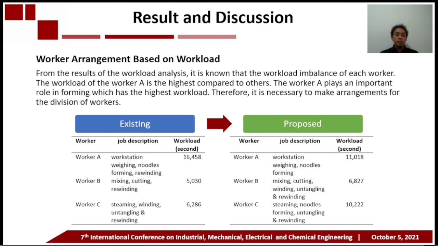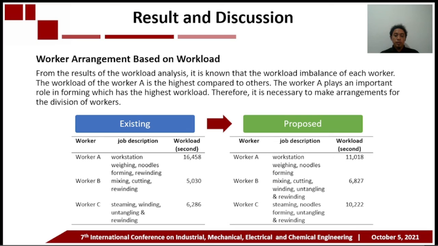From the calculation, we propose that worker A decrease her workload to 11,000 seconds, with a job description at the weighing and noodle forming workstations, and worker B increase to 6,000 seconds, with a job description at mixing, cutting, winding, untangling, and rewinding.